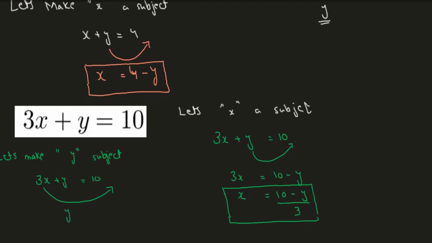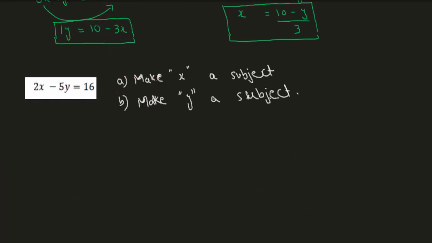I just took 3x on the other side, so y is equal to 10 minus 3x. Now y is isolated completely. There is only 1 right next to it, so there is no other number. So it was comparatively easier than making x a subject.